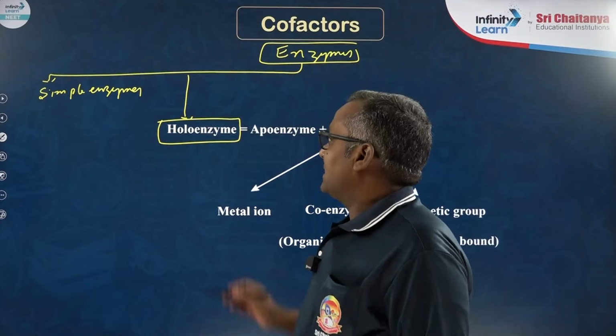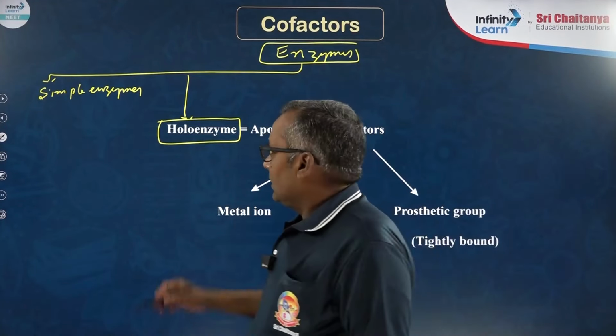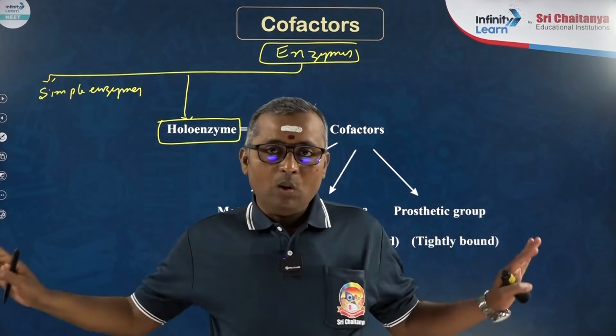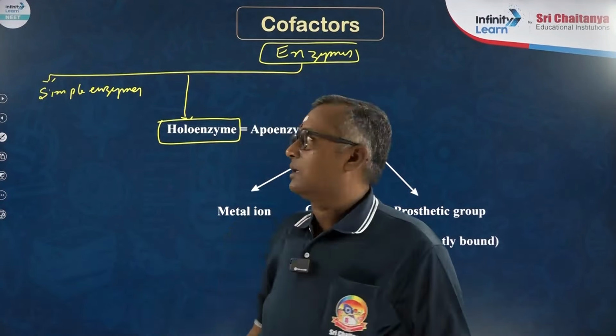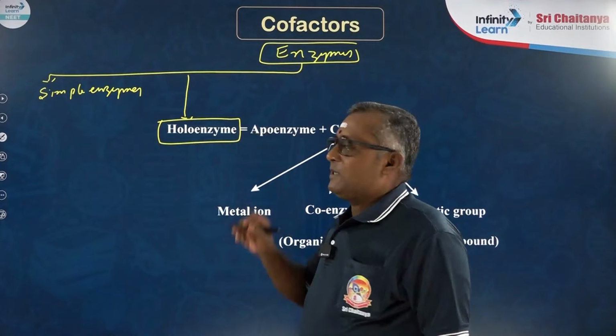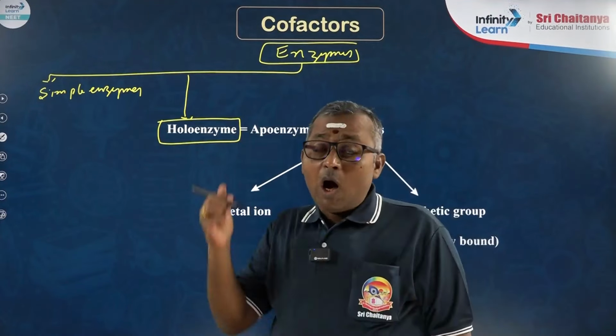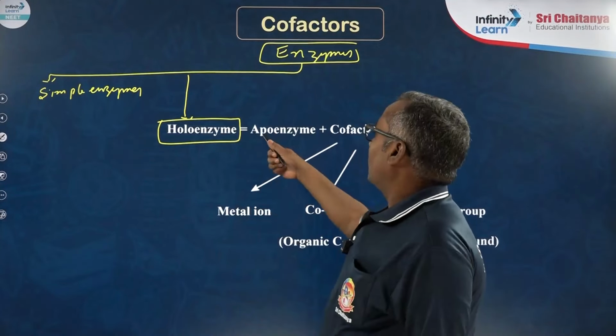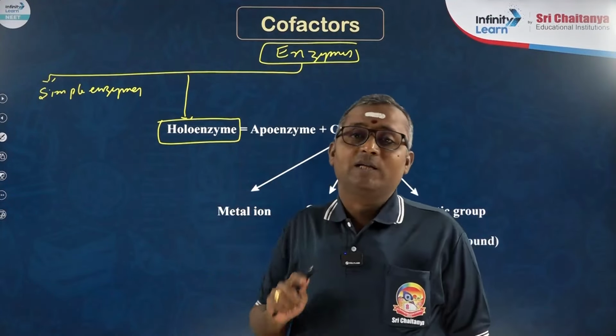The difference between a simple and a holoenzyme is that a simple enzyme has only the protein part. There is no non-proteinaceous part in the simple enzymes. A holoenzyme is one in which a non-protein part is also present along with the protein part.